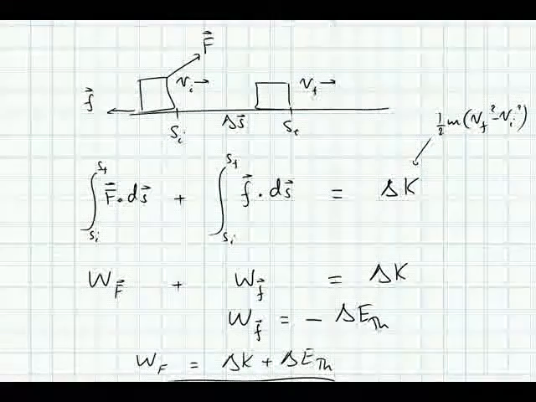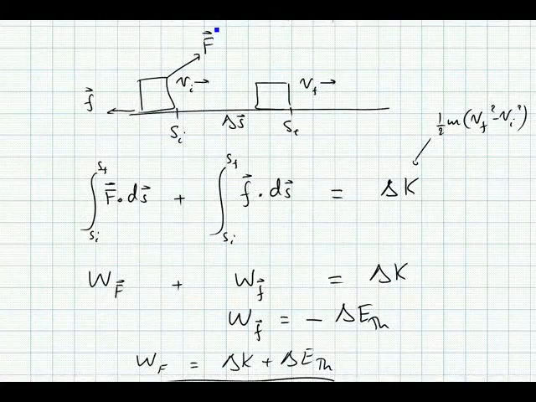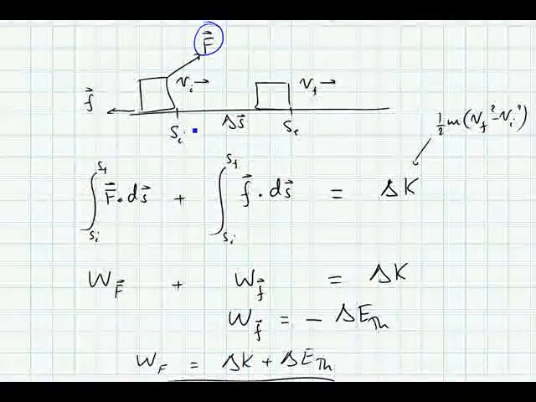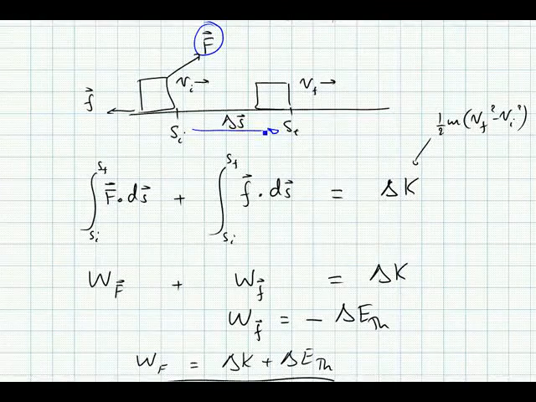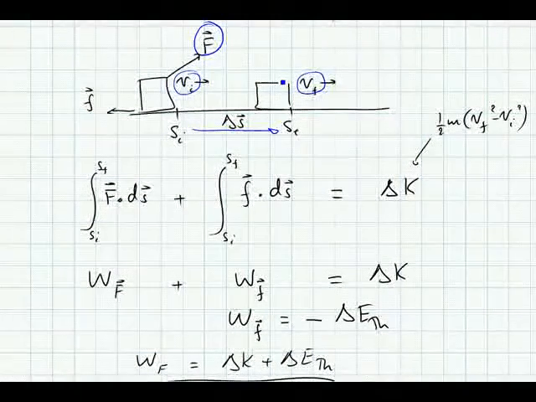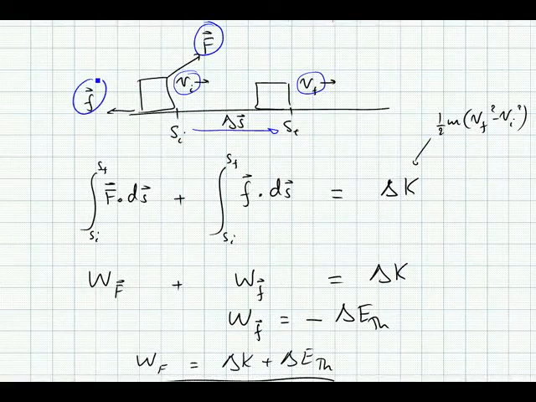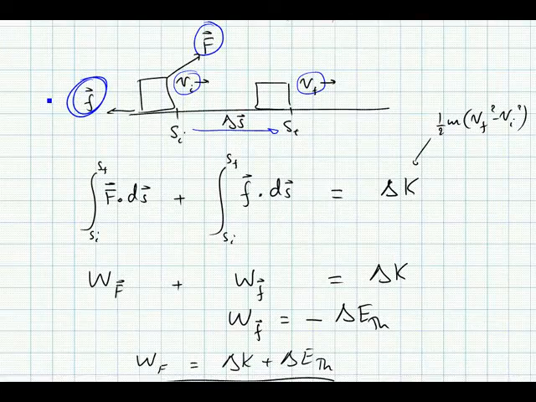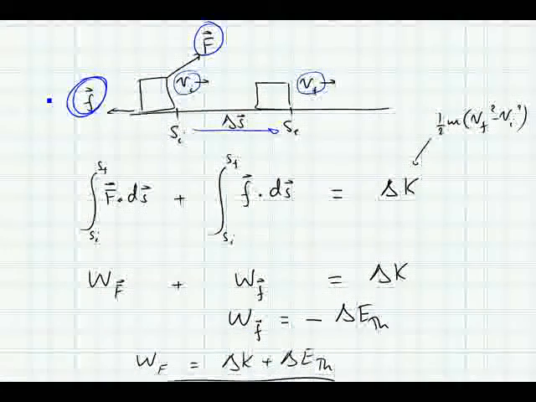Now let's consider the same motion. Once again we have our object, which as a result of an external force F being applied to it displaces through delta S, and its velocity increases from Vi to Vf. But now let's say that there's also friction. The direction of the friction force, of course, is opposite to that of the displacement of the object.